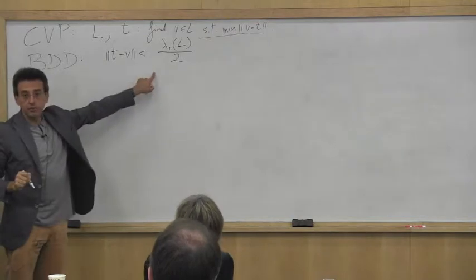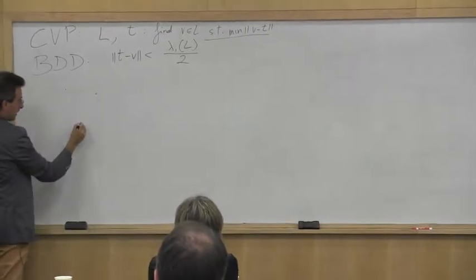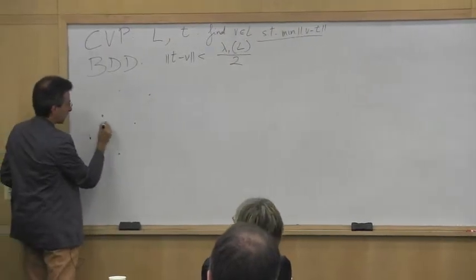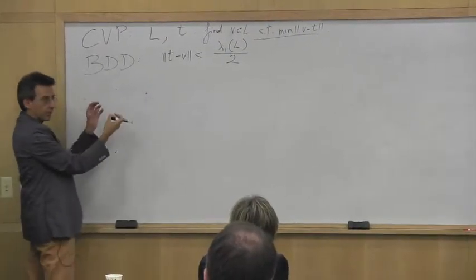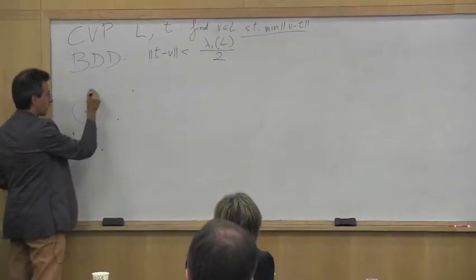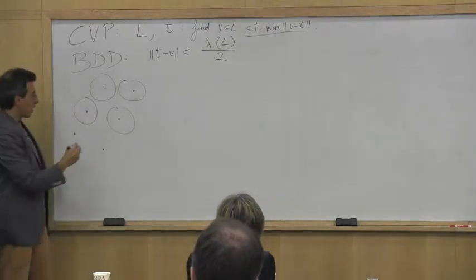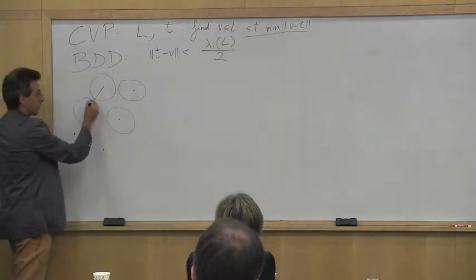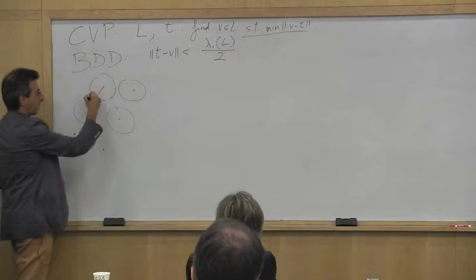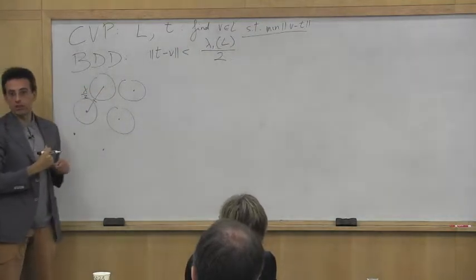Notice this guarantees uniqueness of the solution because geometrically, the minimum distance is the distance between two nearby lattice points. So if you put spheres around the lattice points, when the radius of the sphere becomes half the minimum distance, two spheres are going to intersect.